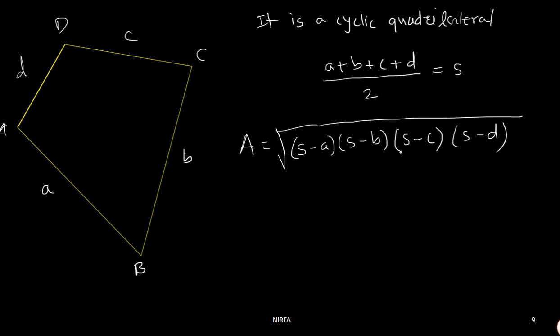And if you look, this is very similar to Heron's formula, but this is applicable to cyclic quadrilaterals, and that's why this formula is called the Brahmagupta formula. So I hope you understood the Brahmagupta formula here. You can use it when you have a cyclic quadrilateral while finding the area. Thank you.